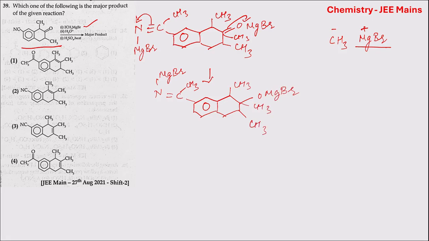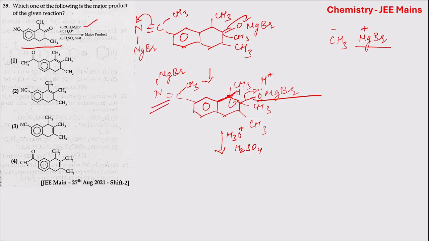Now this is followed by hydrolysis and treatment with sulfuric acid. Now what happens? H plus ion will attack lone pair of electrons present on the oxygen of OMgBr. This bond breaks and the hydrogen present here and the sigma electrons of the carbon hydrogen bond present here, they move to this position forming the pi bond.